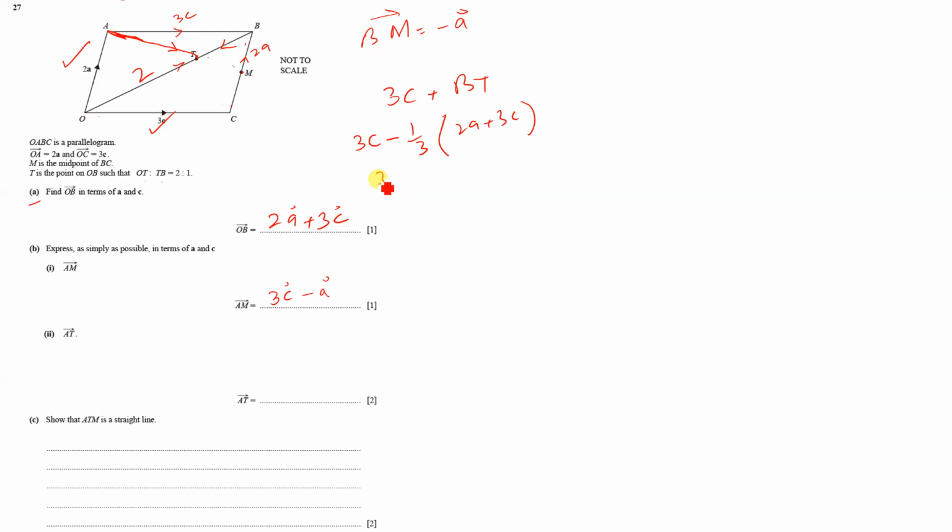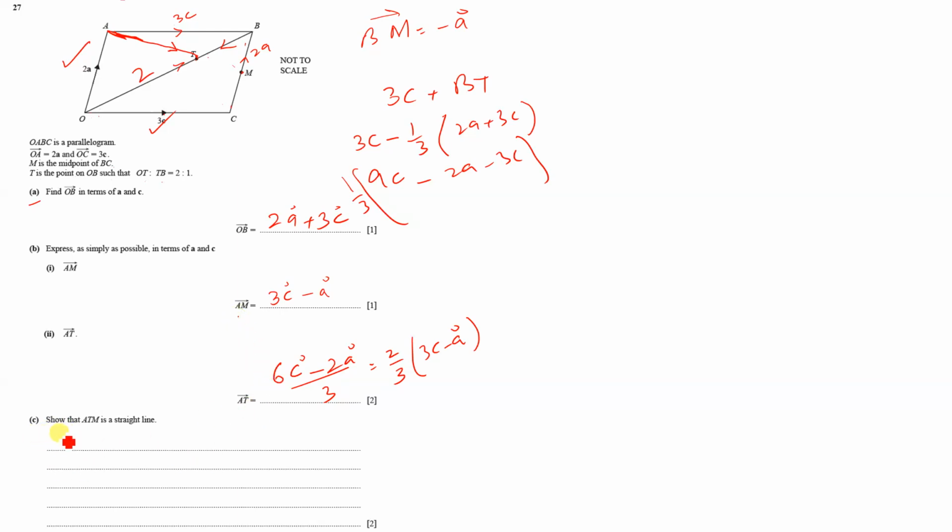We have 3c, let me write 9c with 1/3 outside. So 9c minus 2a minus 3c, and this is equal to (6c minus 2a) over 3. Or, if you factor 2 out from the numerator, you have 2/3 of (3c minus a). So you can see that AT is 2/3 of AM.